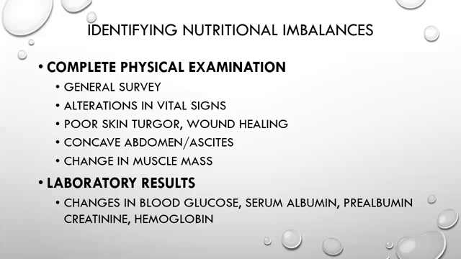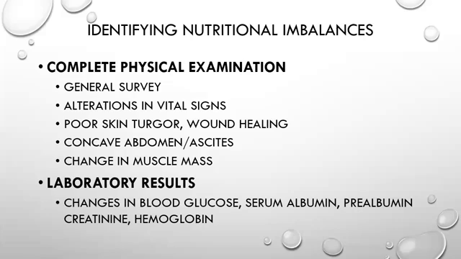Creatinine is an end product of skeletal muscle metabolism, and it is excreted through the kidneys. So this is typically a lab that we will draw to check kidney function. It's a great indicator of renal function. Increased levels indicate impaired kidney function and a loss of muscle mass.